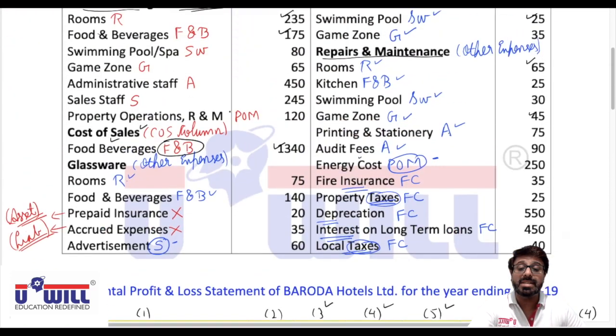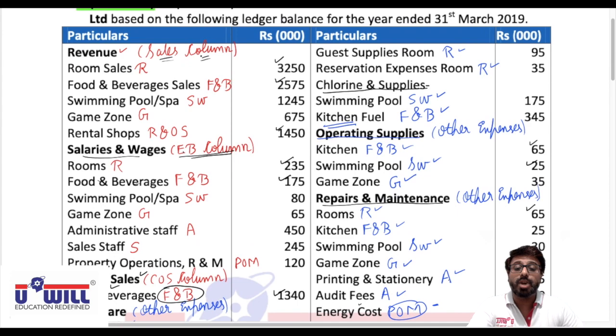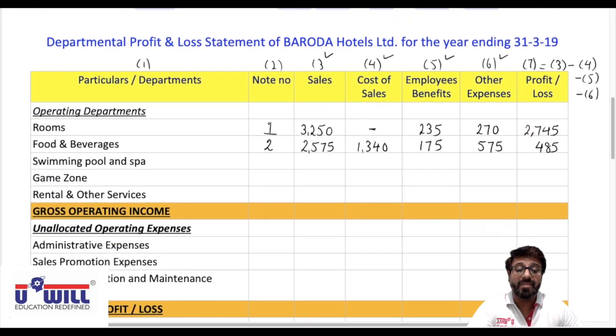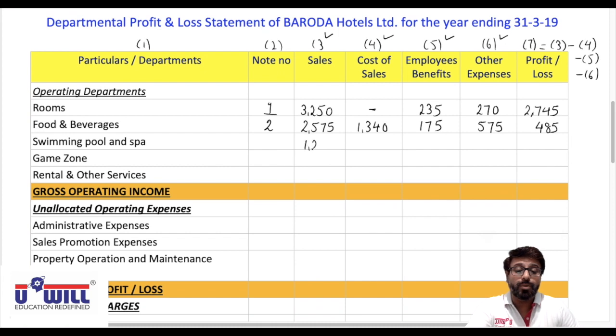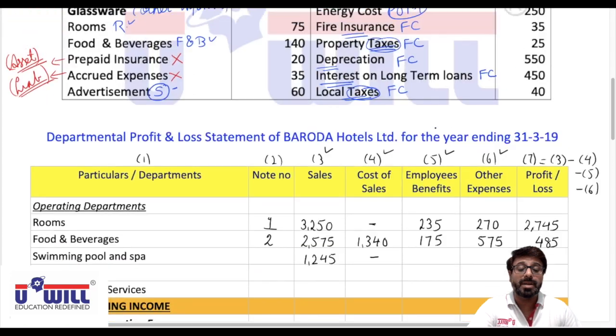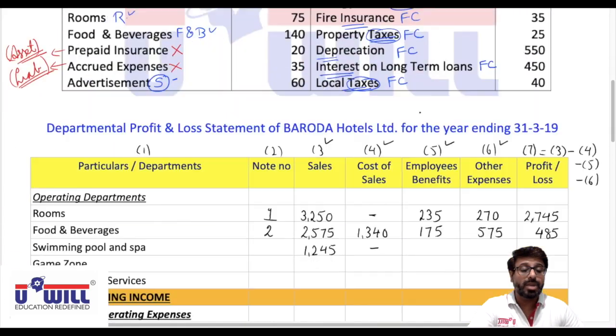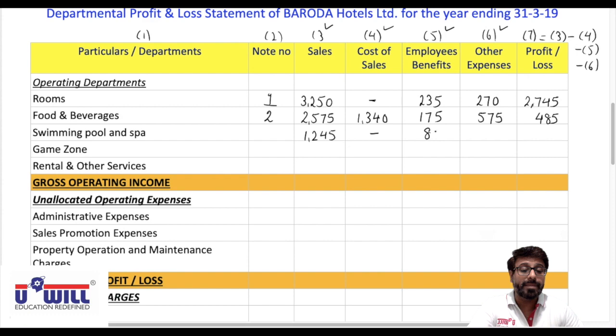Now swimming pool and spa. First see the sales column. What do we have to write? Revenue of swimming pool and spa 1245. Cost of sales we don't have for swimming pool and spa. Employees benefit, see salaries and wages. What are they for swimming pool and spa? Sorry, 80. So in the employees benefit column 80.